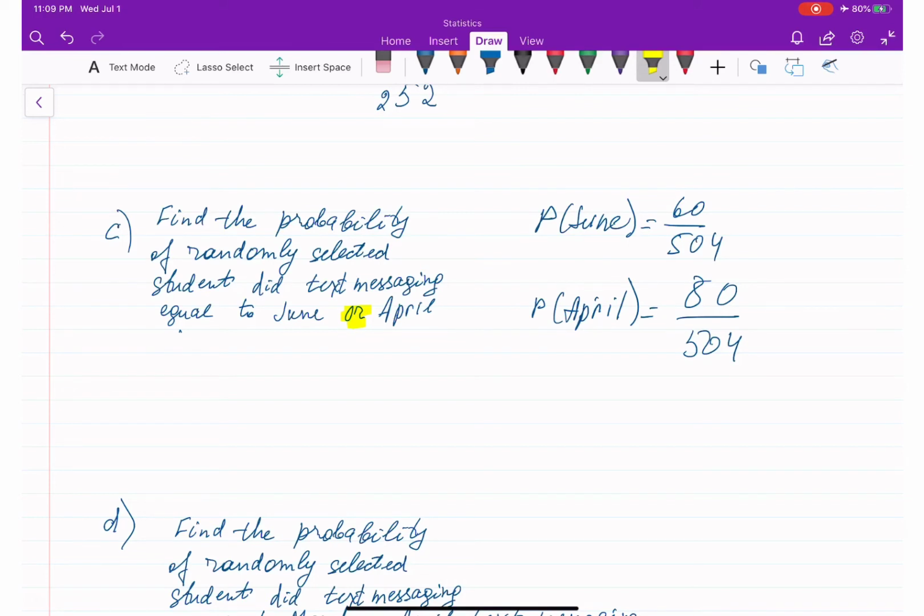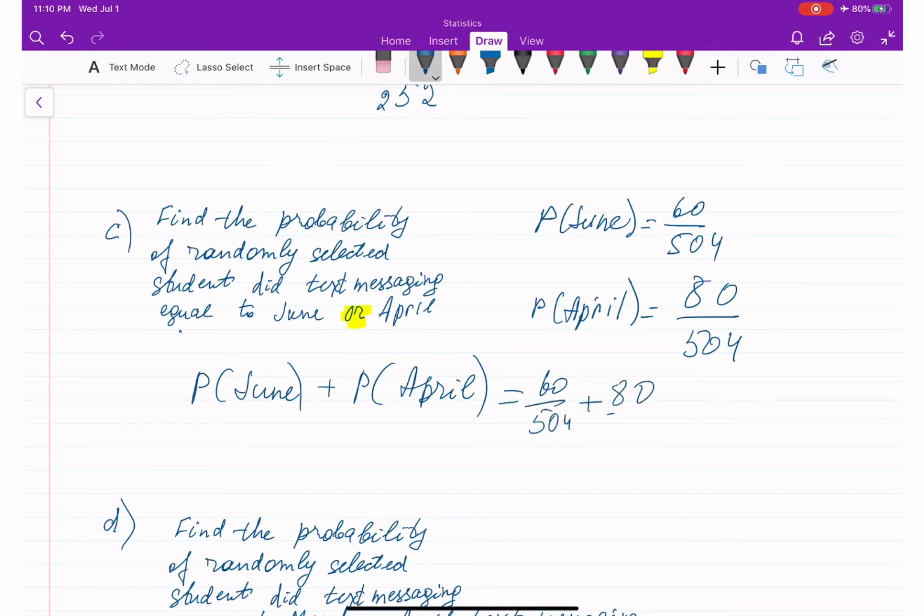Therefore, it's going to be probability for June plus probability for April, and that's equal 60 over 504 plus 80 over 504.